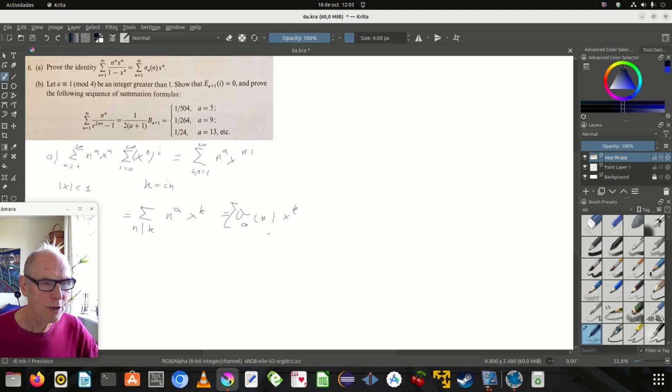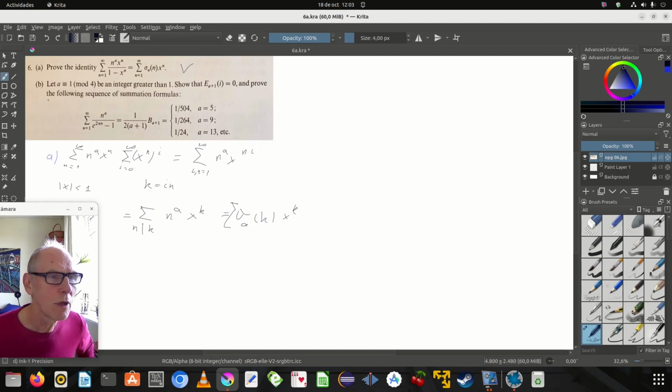That's all divisors of k, of course. So we sum over all the divisors of k here, so we get sigma a of k, and that was what we should show.